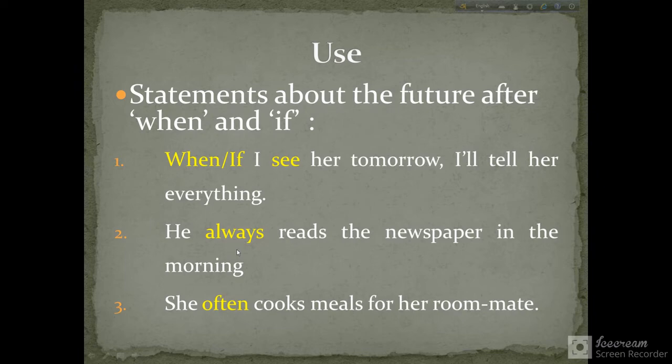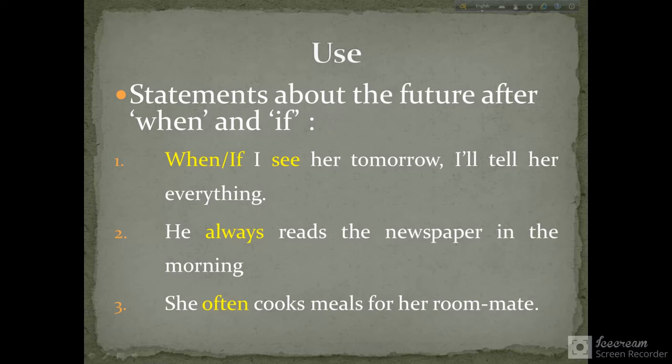And we have another example: she often cooks meals for her roommate. Here the word often. So the words in these sentences are common with the simple present form. One is always and the other is often.